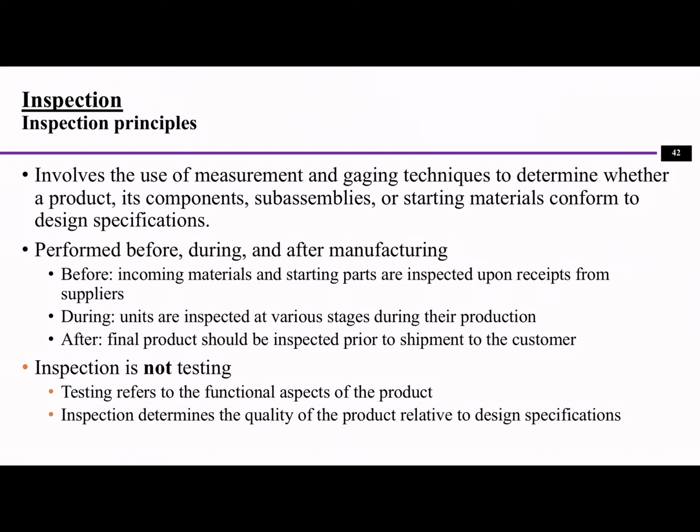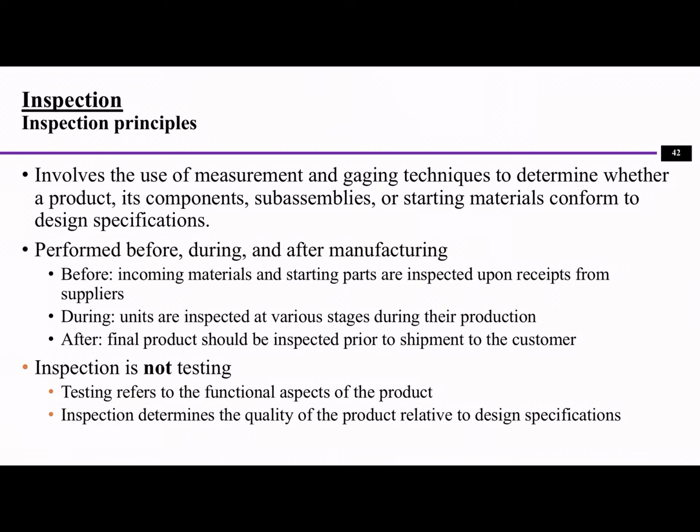And when inspection happens, it actually happens in the company, both before it starts to produce anything. For example, when the material comes in, you inspect whether those raw materials are good. Also during production, you might want to inspect your units and see if your processes are making good parts.